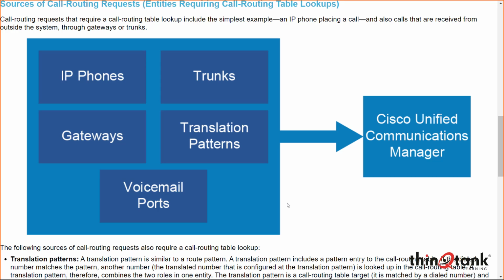So, for example, let's say I send a call over to Unity. Unity is my voicemail platform, but it's also the platform that I use for a lot of my auto attendant features. And somebody's going through an auto attendant in Unity, and then based on their selection, that call is being routed to the PSTN. Maybe they picked option 3 or option 4 that says, route the call to this external partner that we use for this function.